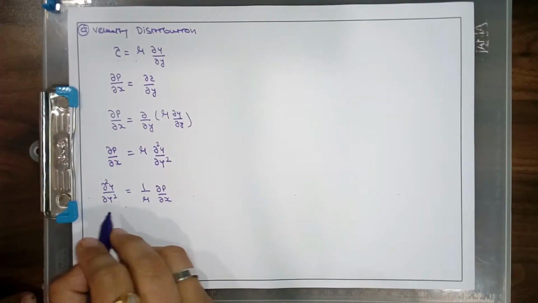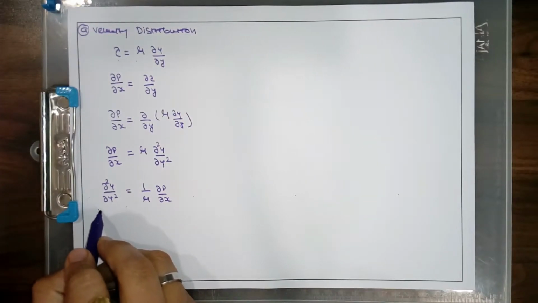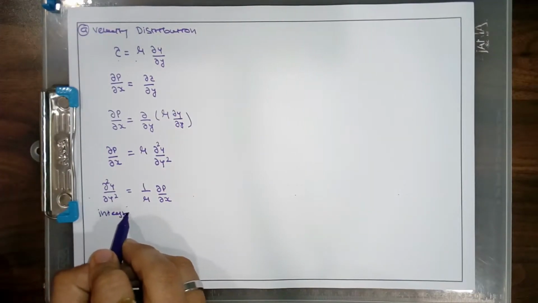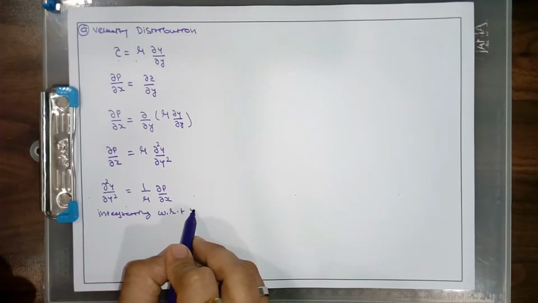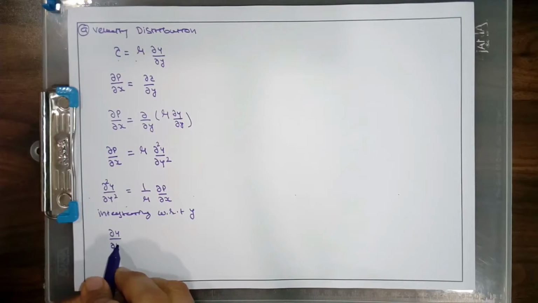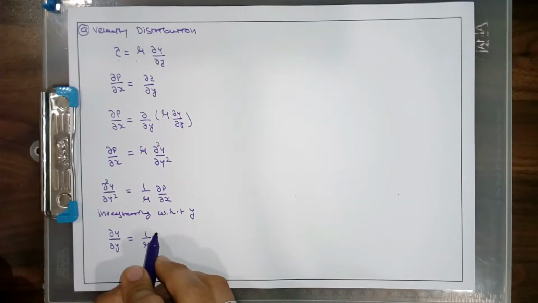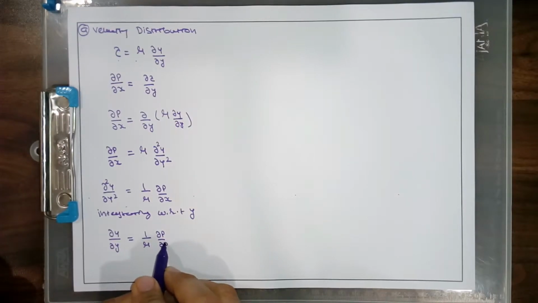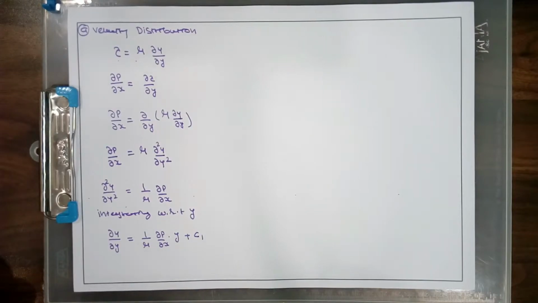Now we integrate this expression two times with respect to y. At the first integration we get del u by del y equals 1 upon mu del P by del x into y plus integration constant c1.